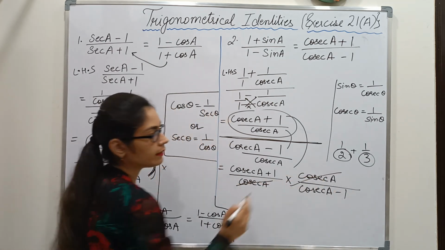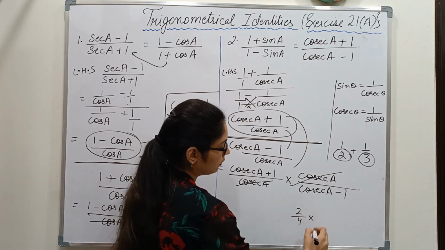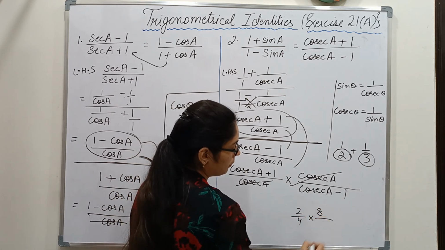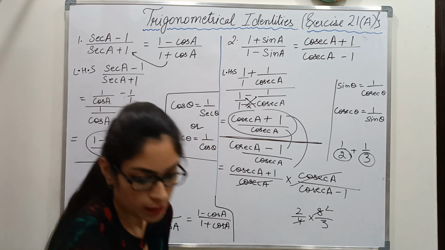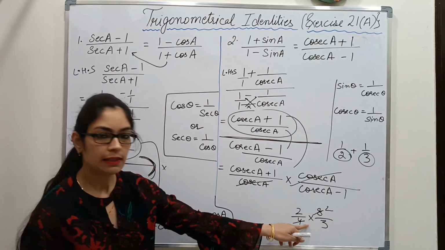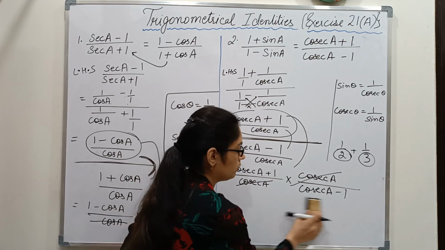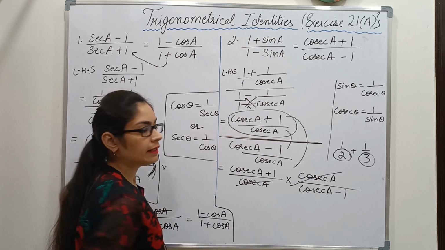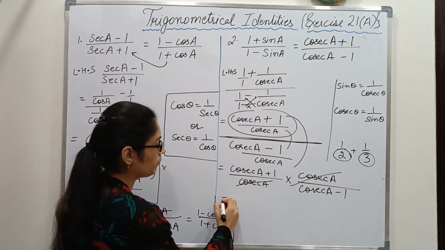This and this will get cancelled, because see, 2 by 4 into 8 by 3. So we can do their cancellation. In the same way, with two fractions when there is a multiplication sign in between, we can do cancellation this way. So that is why this and this will get cancelled. Up and down cancellation we can do.